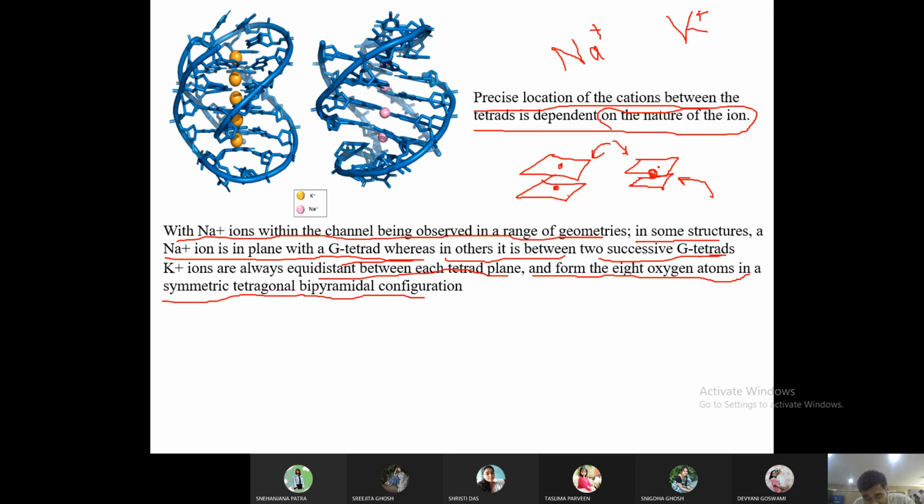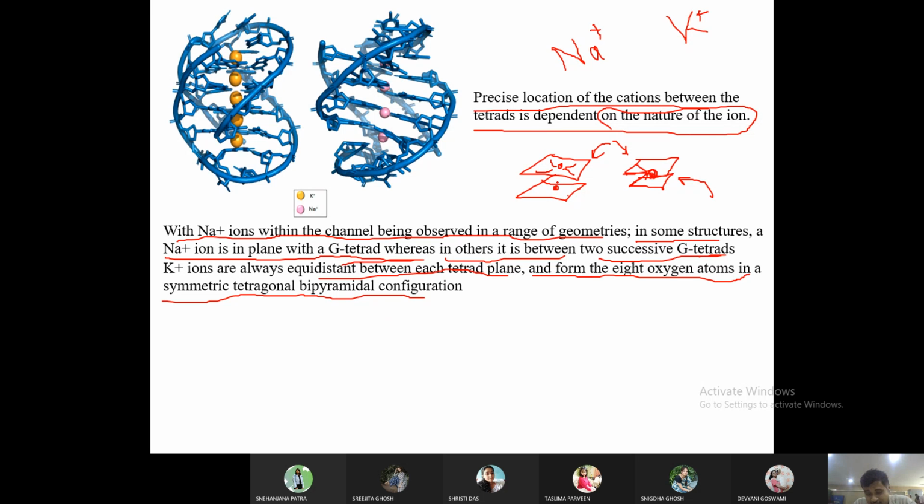So here the potassium is pulled by not 4 but 8 oxygens. Sodium can float in the space pulled by 4 oxygens from both sides in one arrangement, or in another arrangement it can stay between two planes and be pulled equivalently by 8 oxygens, 4 from the top and 4 from the bottom. Both arrangements are good for sodium, but for potassium only this 8-oxygen arrangement is seen.